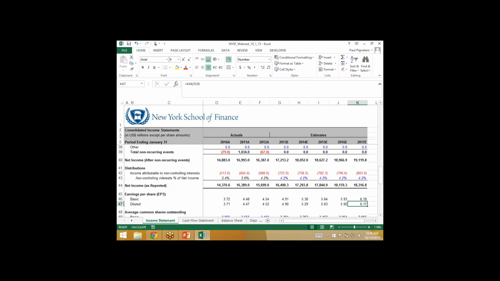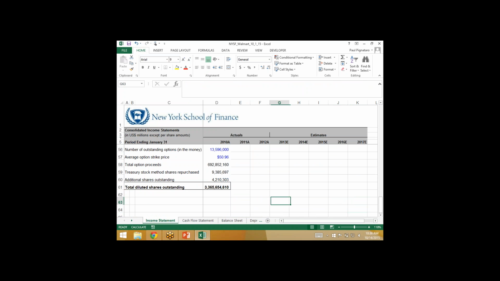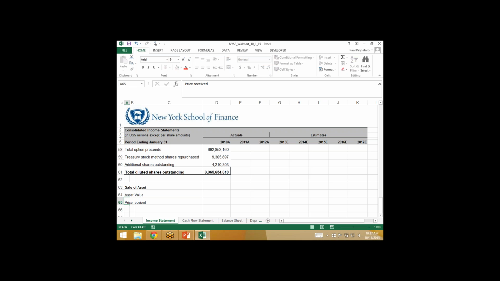I'm just going to, you'd probably want to do an assumptions tab, but I'm just going to do it here to save time, okay? Sale of asset. And I'm going to say asset value, price received, tax on gain. I think that's enough.